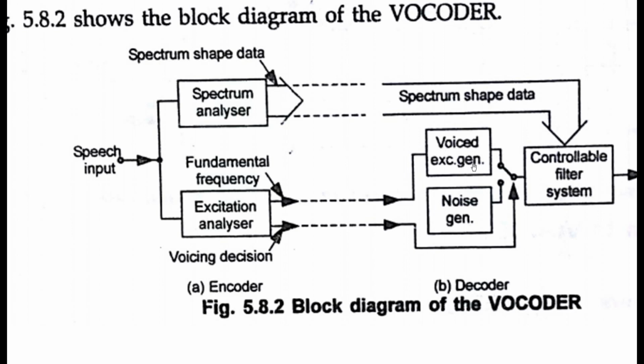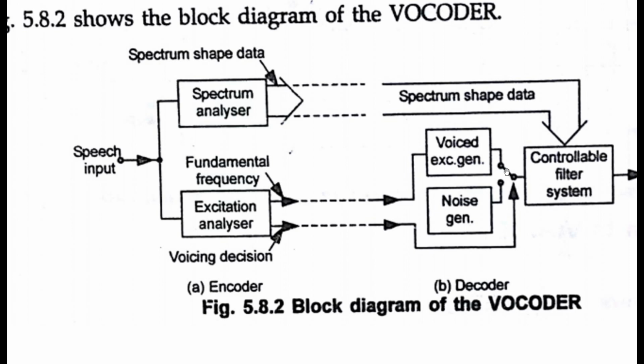This generator takes the fundamental frequency as input and generates the voice excitations. And to that, noise is added. You can consider this as the buzz, whereas this one has the hiss. So hissing noise is added so as to give an effect of speech.